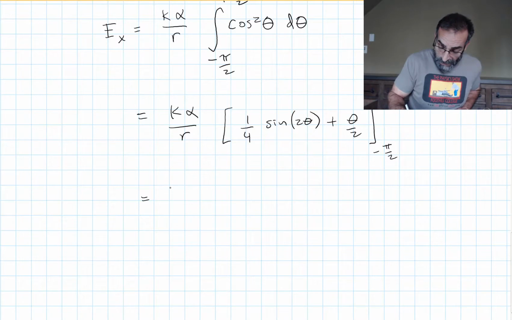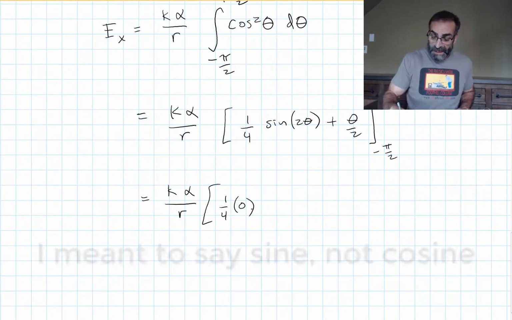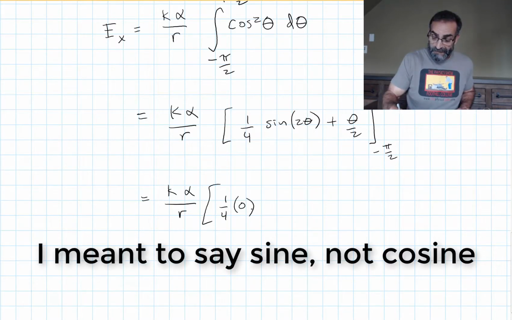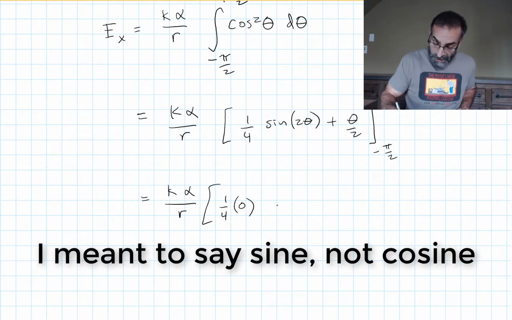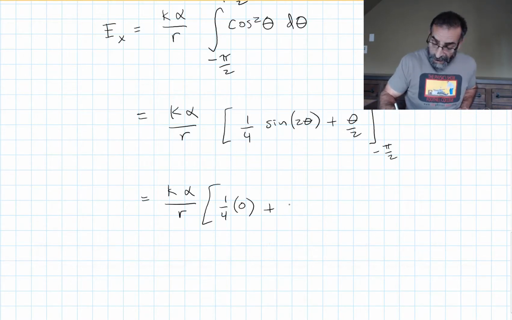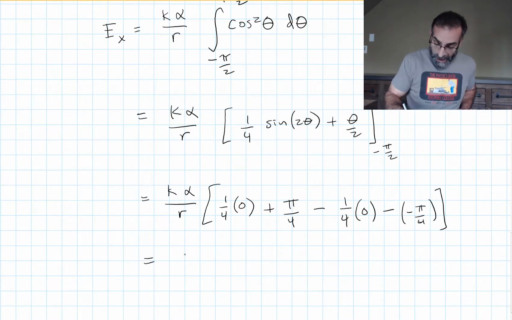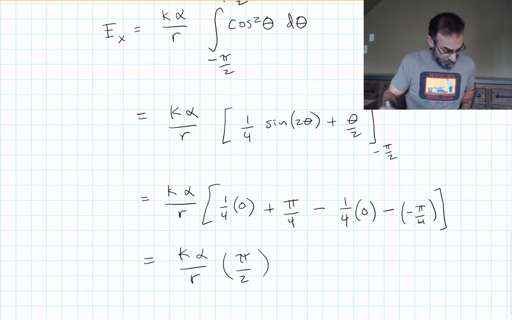And so we plug those numbers in. The sine of pi, 2 times pi over 2 is pi. The sine of pi is 0. And theta over 2 becomes pi over 2 over 2, or pi over 4. And then we have the other limit. And so I got k alpha over r times pi over 2.